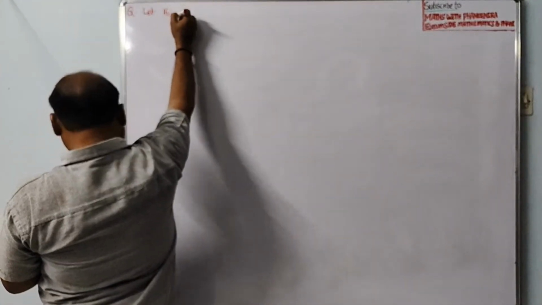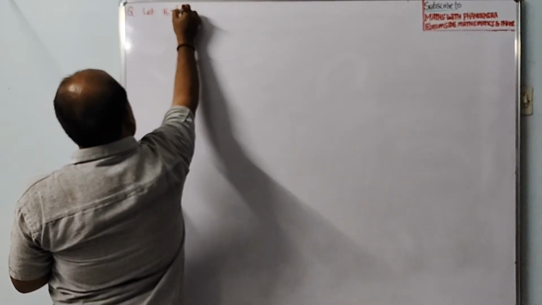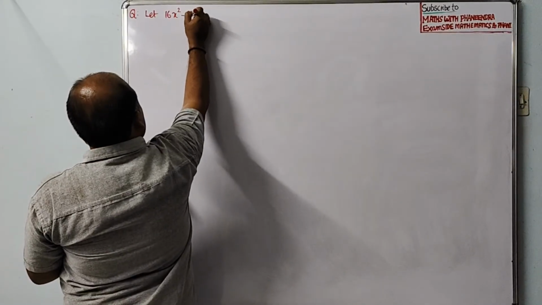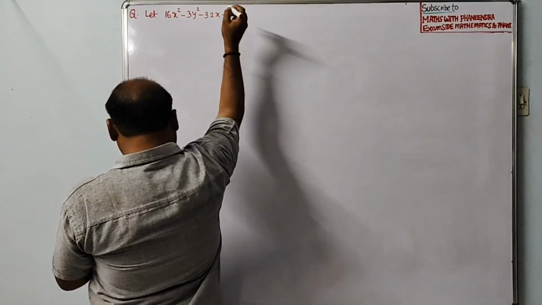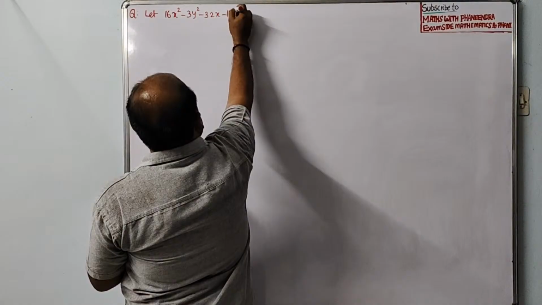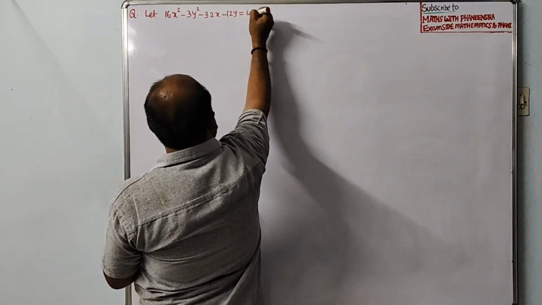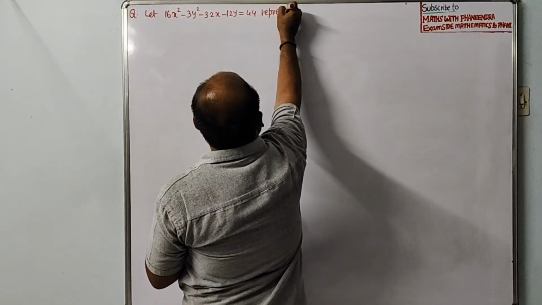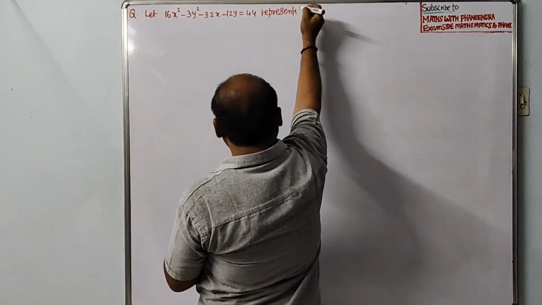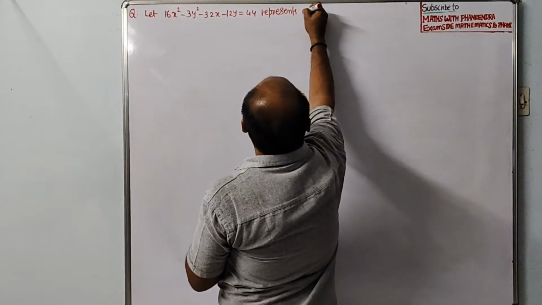Let 16x² minus 3y² minus 32x minus 12y equal to 44 represent a hyperbola.